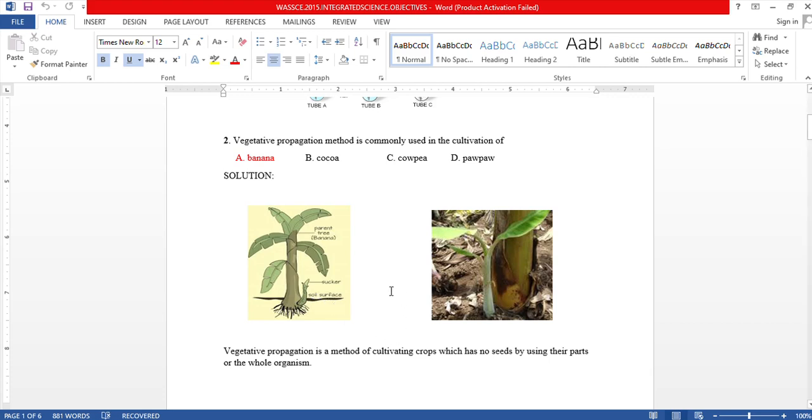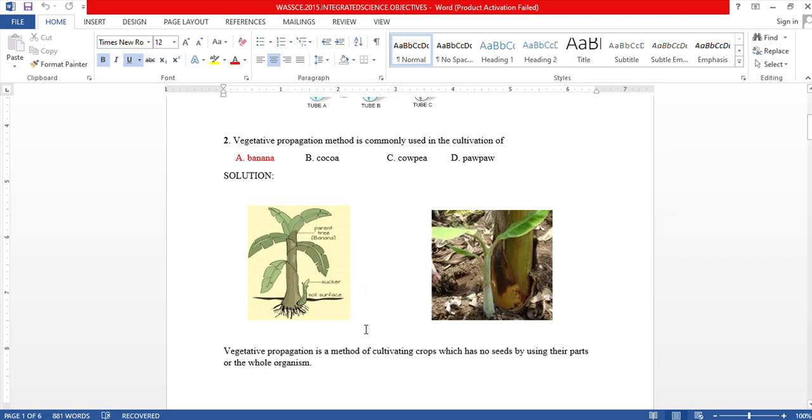For instance, cassava, sugarcane, all of them don't have seeds. So they are cultivated by using, for example, for cassava, you cut the stems and then you put them in the soil, as well as sugarcane, rose flower, pineapple as well. Pineapple has no seeds, so you cut the crown, the top part of it.